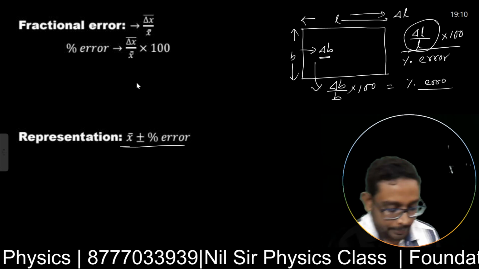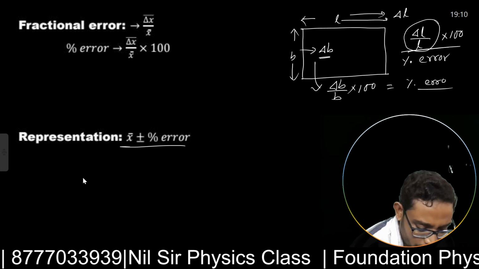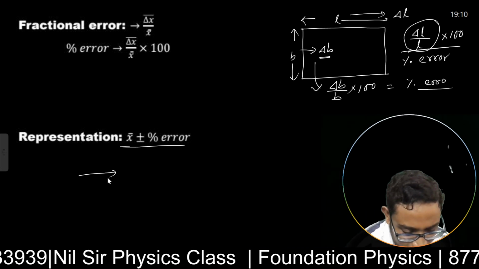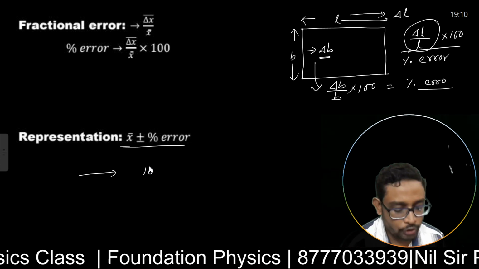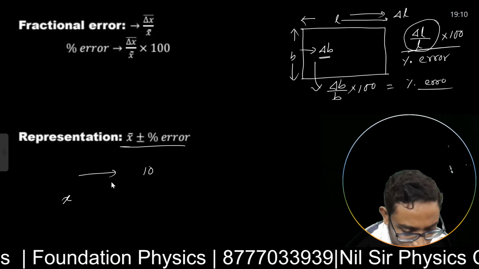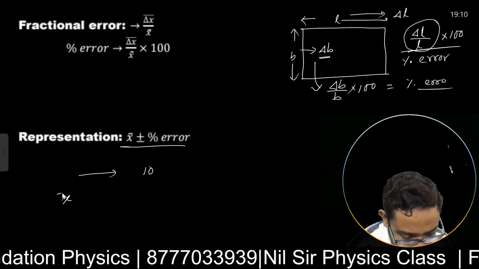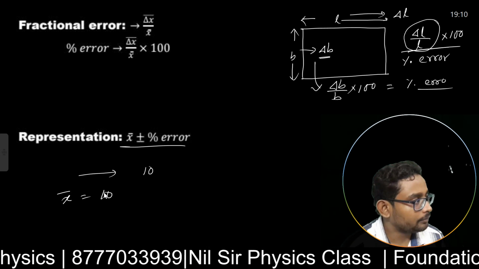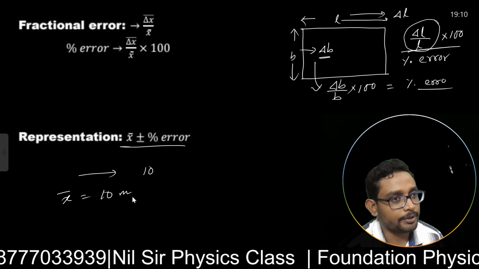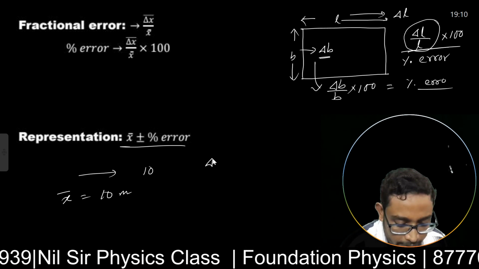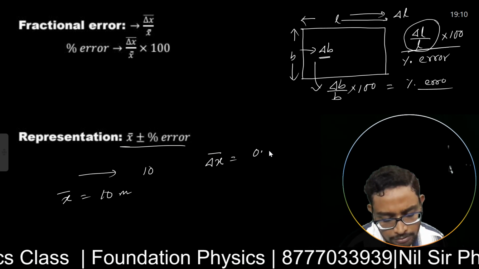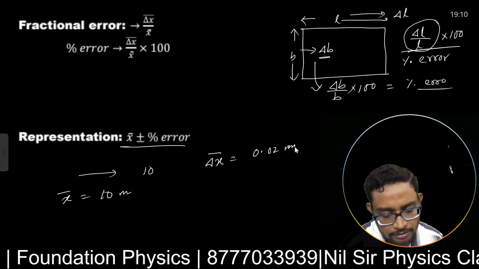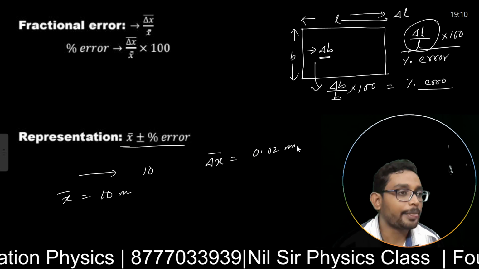For example, for calculating a length of 10 meter, your mean value gives you how much? 10 meter. In some experiment you made some error, delta x equals 0.02 meter, right?